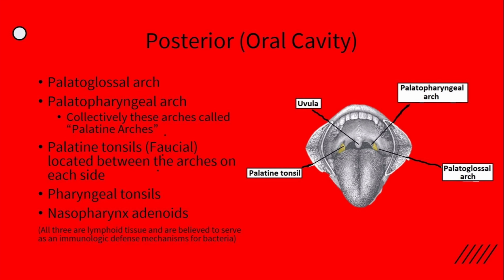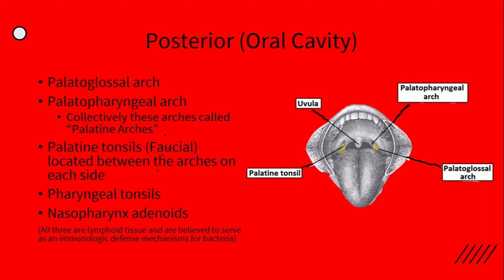The last part that we're going to talk about in the oral cavity is the posterior section of it. This is made up of the palatoglossal arch and the palatopharyngeal arch. Collectively, both of these arches are known as the palatine arches. And we also have the palatine tonsils. These are located between the arches on each side. And then we have the pharyngeal tonsils and also the nasopharynx adenoids.